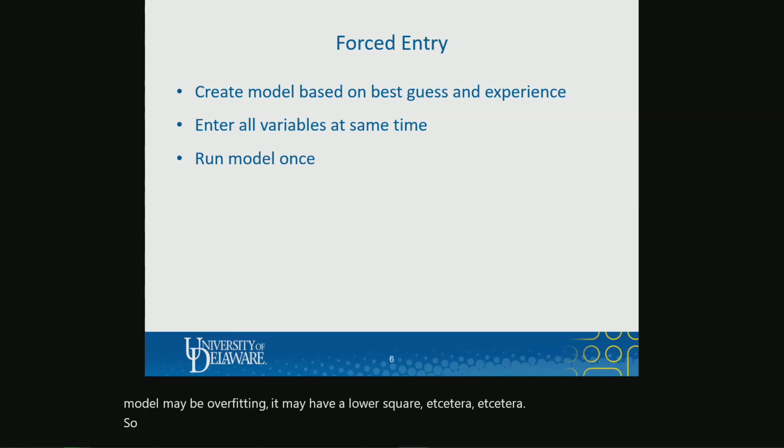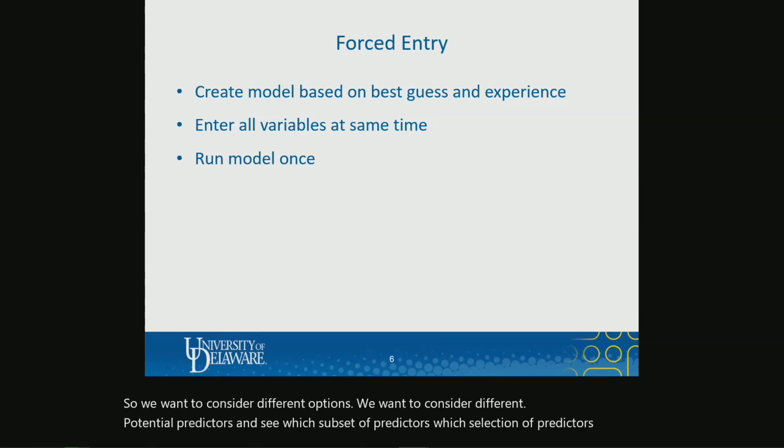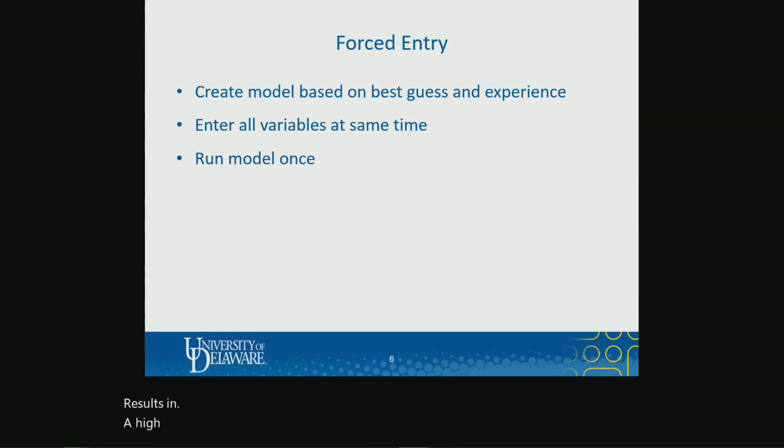So we want to consider different options. We want to consider different potential predictors and see which subset of predictors, which selection of predictors results in a higher R squared and a higher predictive power, while we have the minimum number of predictors, not overfitting.